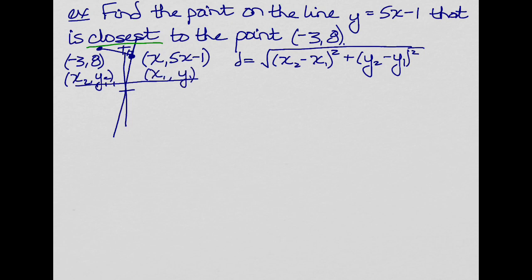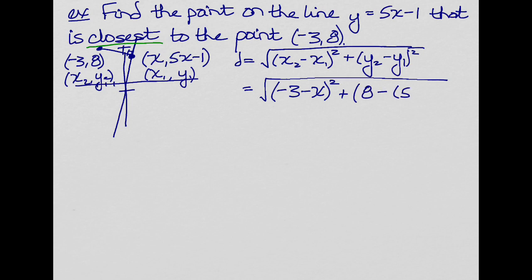Let's fill into the distance formula. Big square root. Let's see. x2 we're calling just -3, minus x, squared, plus y2 minus y1, squared.